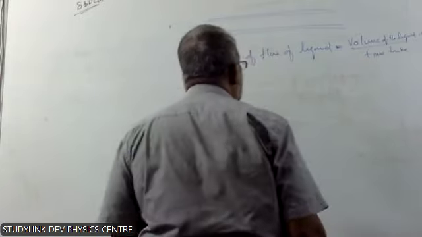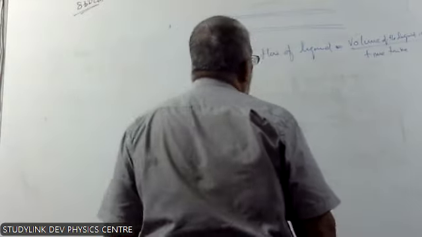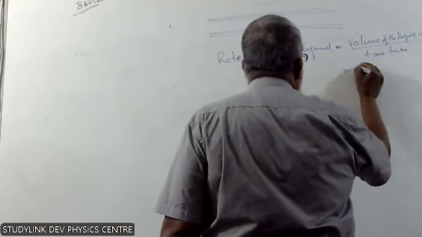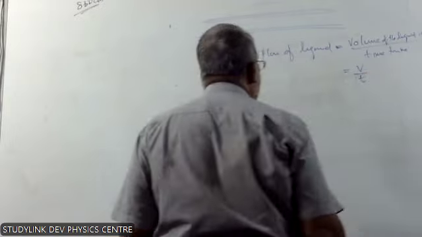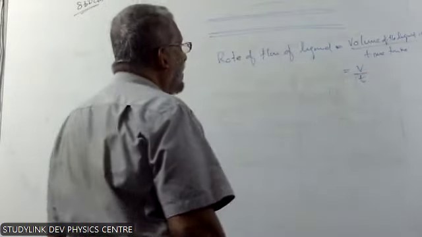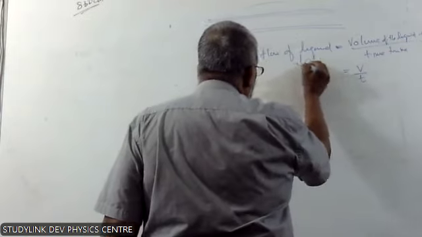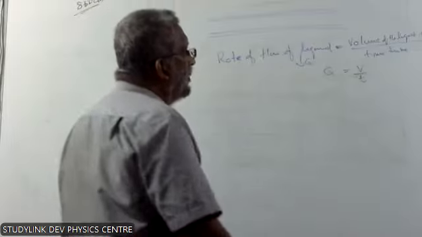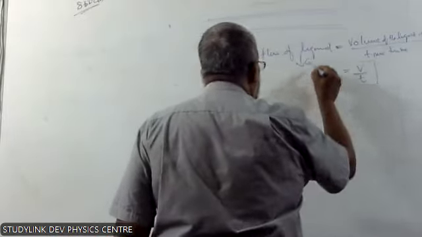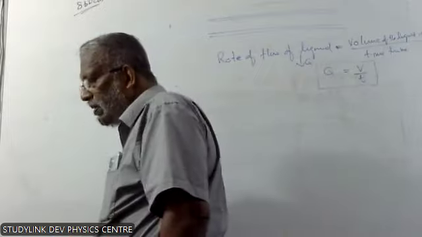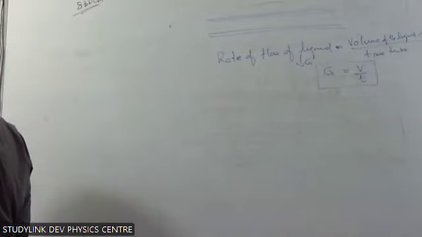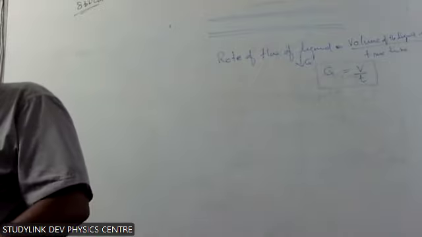Simply we can say volume divided by time. This is denoted by V over T. Rate is denoted by Q. So Q is equal to V over T. This is volume wise. Note down.